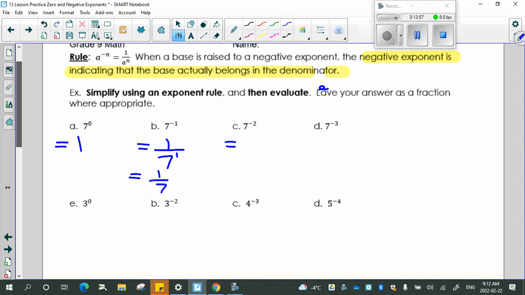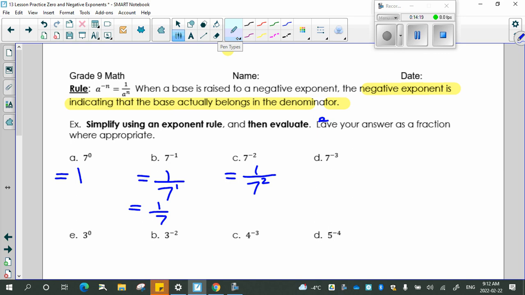7 to the negative 2. So that negative exponent is indicating to you that the base belongs in the denominator. So 1 over 7 to the positive 2. Now that's our simplify step.